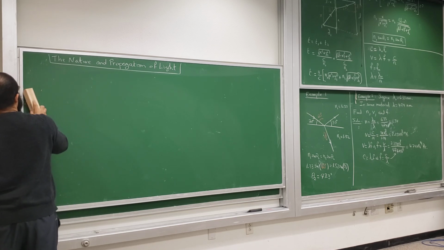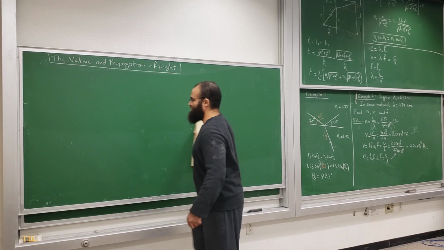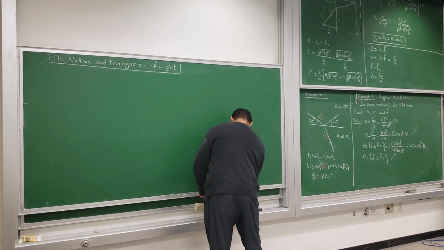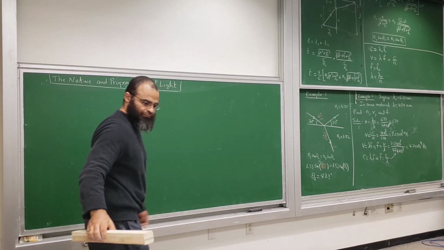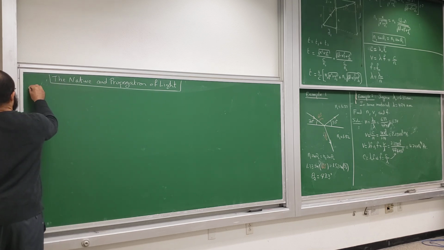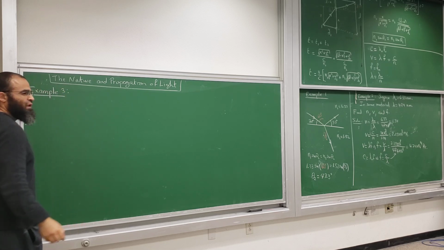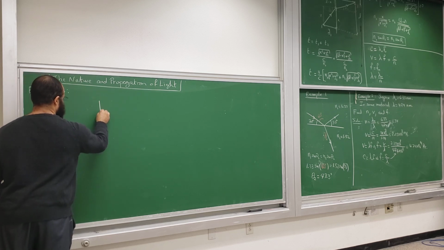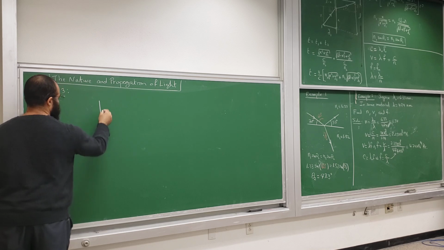So the third example is two mirrors that are perpendicular to each other. So this is example 3. So let's say I have a mirror here and another mirror here, and they're at 90 degrees with each other.